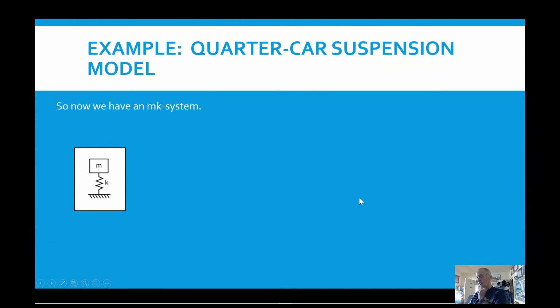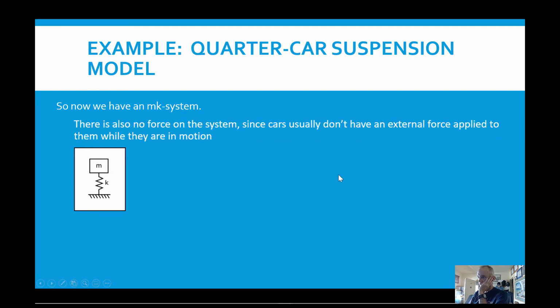So if we take the shock absorber away, we now have an MK system, as shown here. We don't have a force. I didn't mention this before, but there's no external force on a car other than the weight. Well, we can talk about that later, but you don't go down the road and then all of a sudden have a force applied to the car. So that external force goes away.